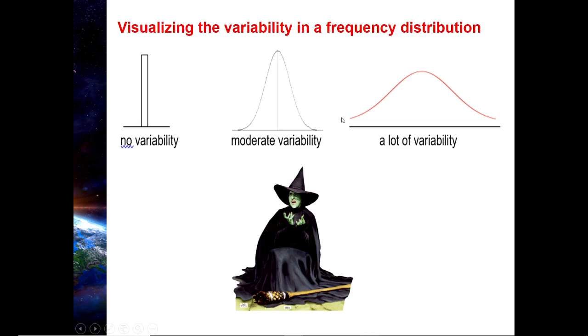We moved to the next possible solution and said, okay, let's square every deviation score. So when we do an x minus x bar, we square it. Same thing here. Now we're treating all the numbers the same, and we get rid of the negative problem because any number squared is going to be positive.